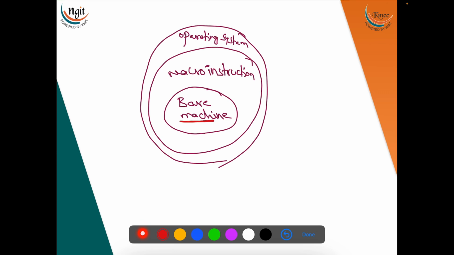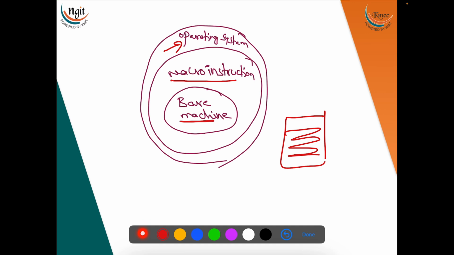Now this bare machine is covered with a layered structure, and this is micro instructions, and this is your operating system. Out of this operating system there will be some implementation methods to be chosen by the user. Let's suppose I am writing some micro instruction here following some language structure.